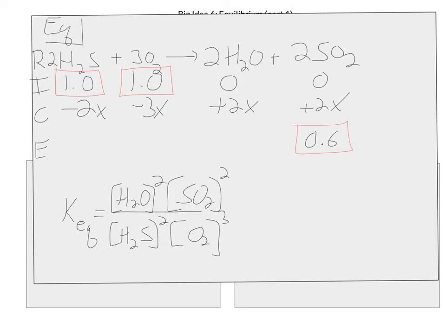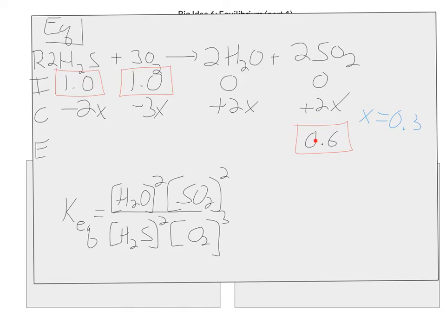And that's all they give you. But if you set up your ICE chart, that's enough to solve the problem, because we're looking and we say 0 plus 2x is 0.6. Guess what? X is 0.3. And that gives me enough to say that my water is going to be 2 times 0.3. That'll be 0.6. 1 minus 3 times 0.3, 0.9. So I'll have 0.1 left over, and 1 minus 2 times 0.3, 0.6, we'll have 0.4 left over.